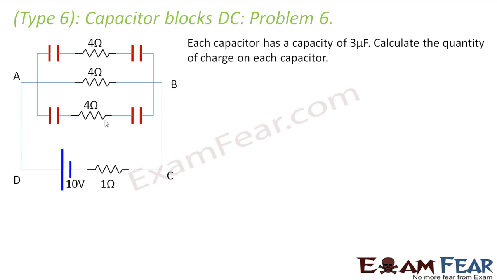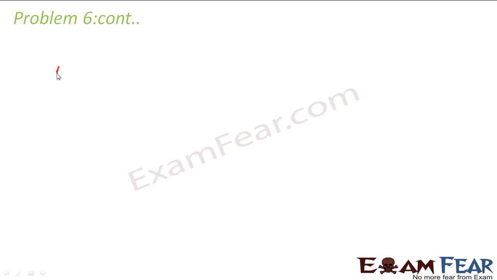When we look at this diagram, we can say that the potential across these two points is 8 volts. Similarly, let me mark it as P and Q. So the potential across P and Q is 8 volts.